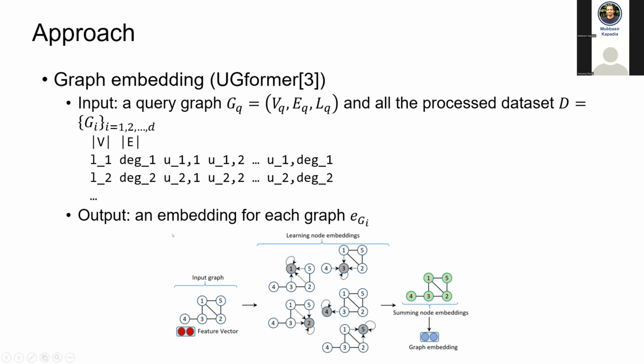The output will be an embedding vector for each graph. The basic idea is, given this input graph, we first learn the node embedding for all the nodes, and then we sum up all those node embeddings as the graph embedding.